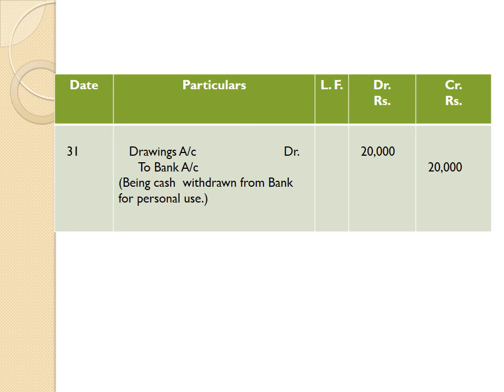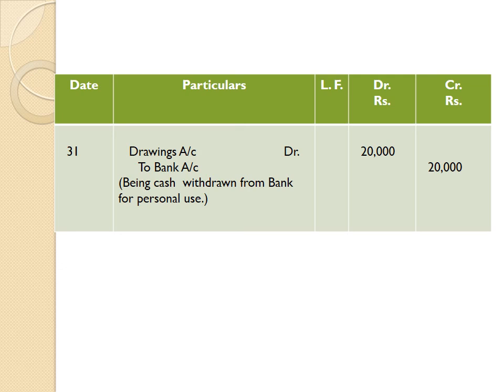Amount drawn from business for personal use is termed as drawings. So in this case, the proprietor of Janata Trading Company has drawn amount from business for his personal use, that is called drawings.